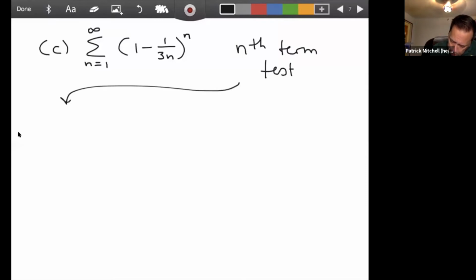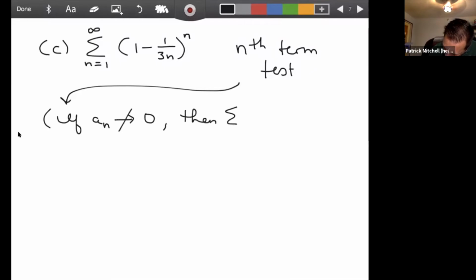So as a reminder, the nth term test says that if a sub n is not approaching 0, then the series diverges. This is the one you have to be careful with because the converse is not true. If a sub n is approaching 0, the test is inconclusive.